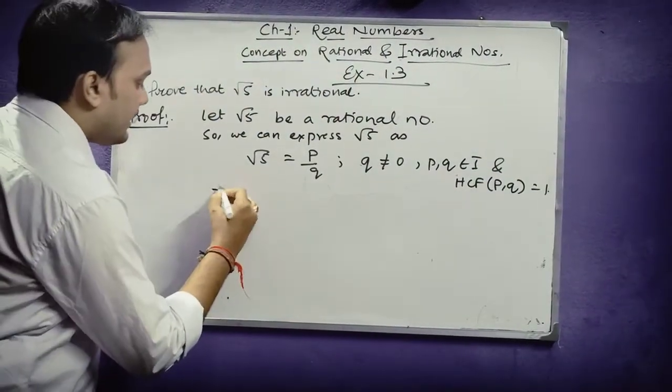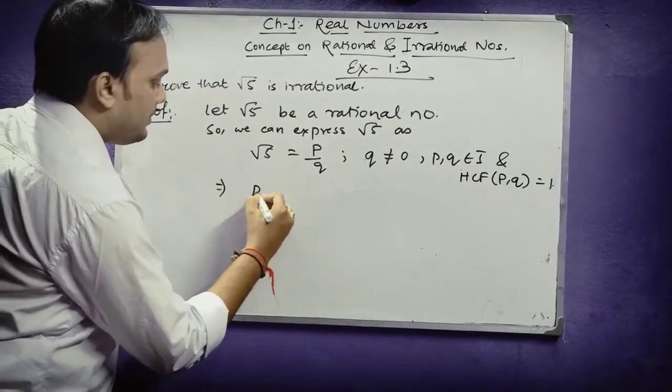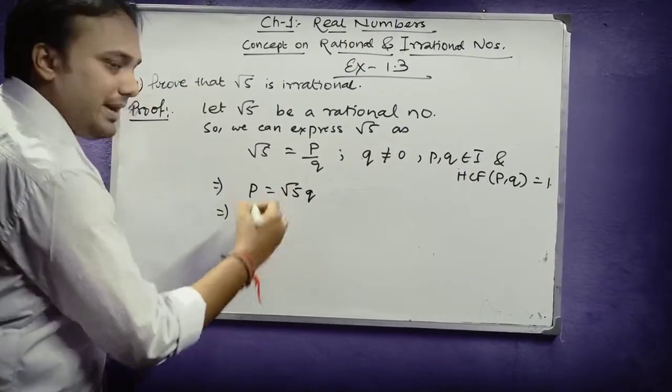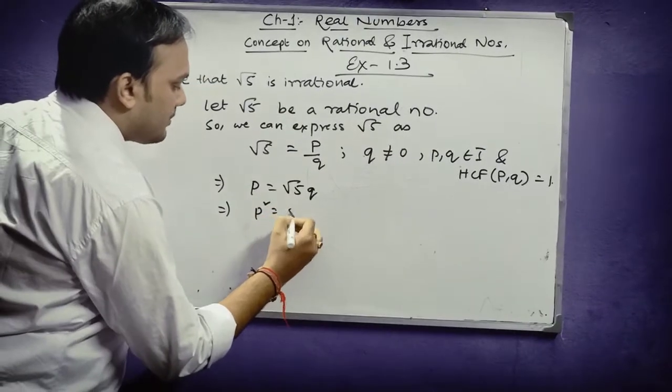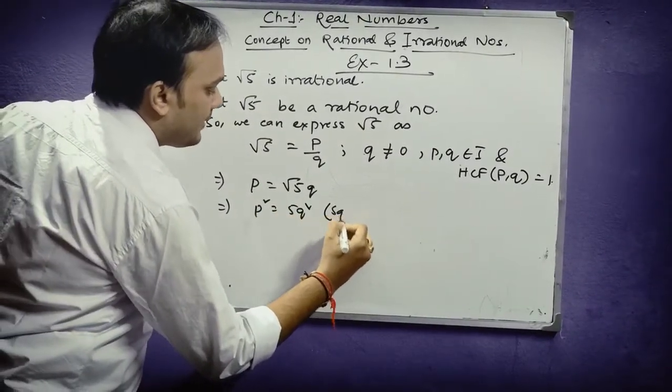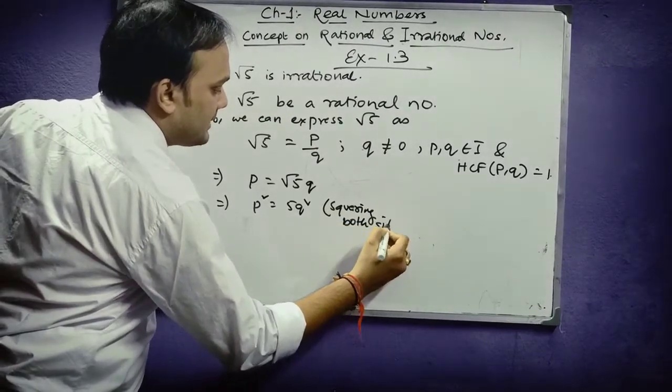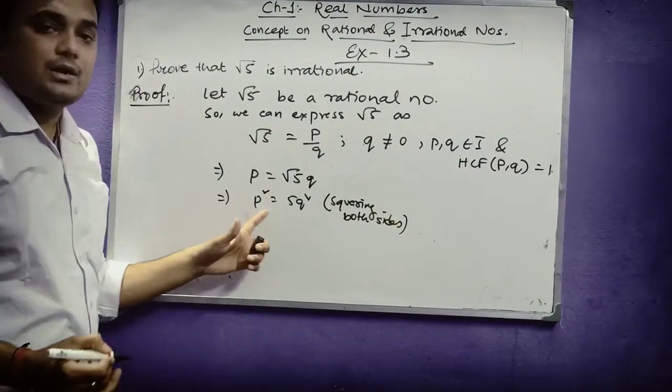So after cross multiplication, P equals root 5 Q. Squaring both sides, we will get P square equals 5Q square.